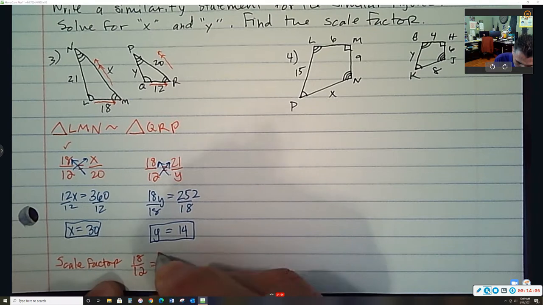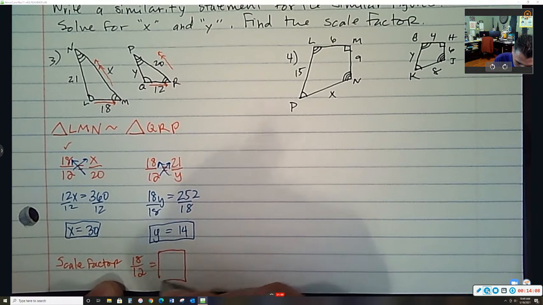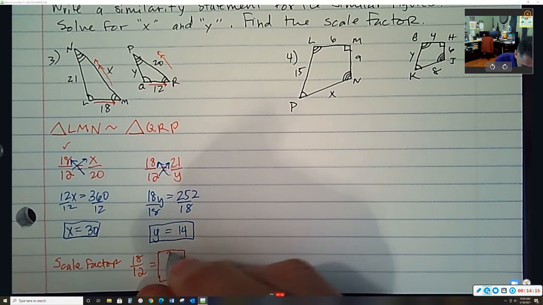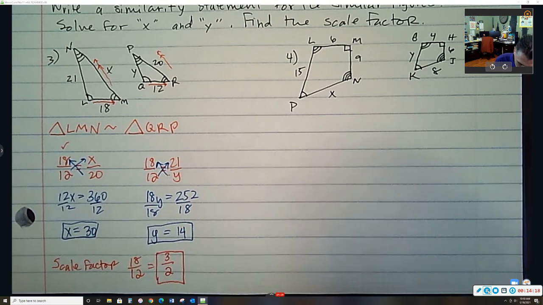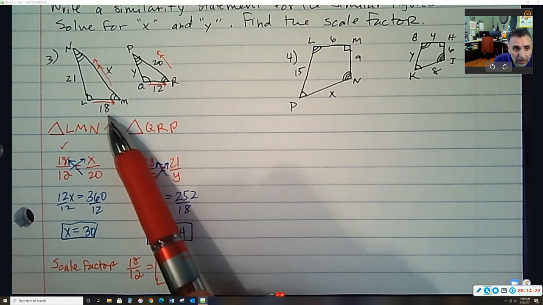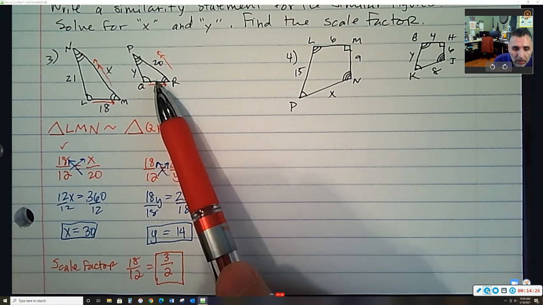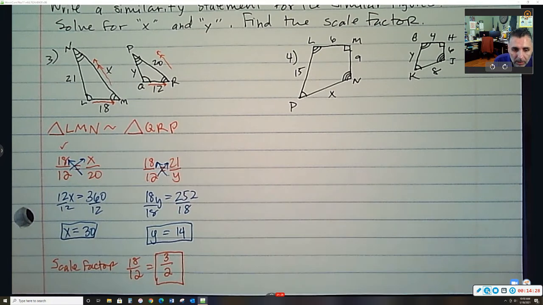The only thing we do need to do is simplify that. 18 over 12 reduces down to 3 over 2. So I know this big one is 1.5 times bigger than this one. Okay, or this small one is 2/3 the size of that one. So let's move on to the next example.